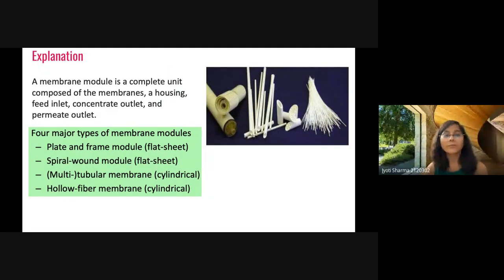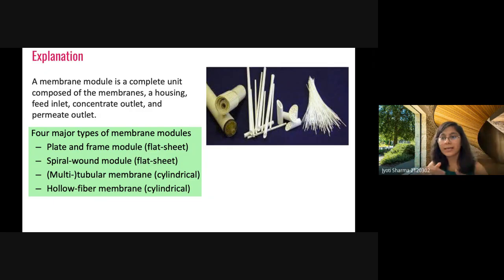So first you have to see what we mean by membrane module. This membrane module is a complete unit that will have the membrane, and also a housing, the feed inlet, the concentrate outlet, and the permeate outlet.